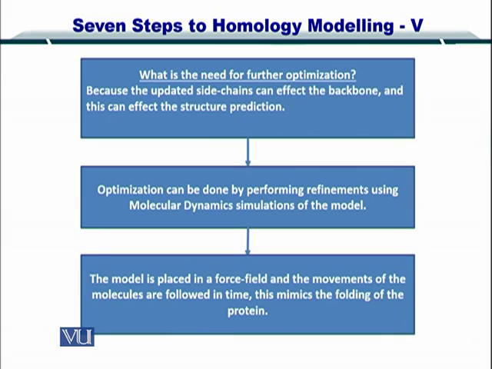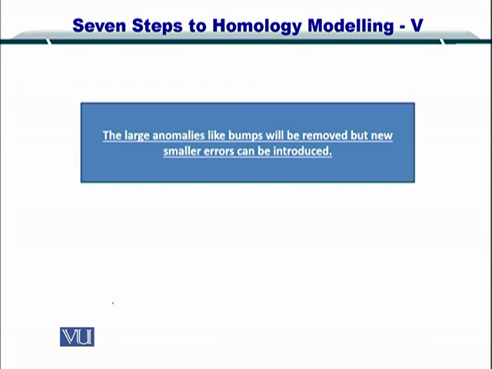The model is therefore placed in a force field that I will just show you, and all the molecules within the structure are followed in time to see how well they can suit the predicted structure. The large anomalies like bumps will be removed, but sadly some errors will still exist.